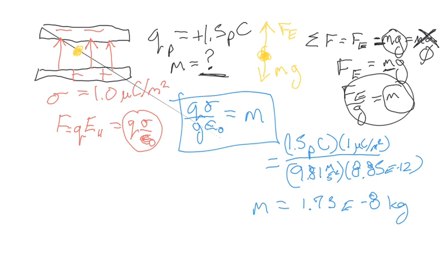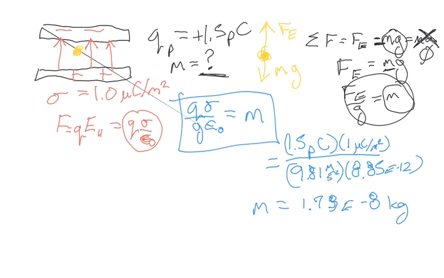So that's really, really small. And remember, this is in kilograms. You might be tempted to call it like 17 nanokilograms, but don't. It's just 1.7 times 10 to the negative 8 kilograms.